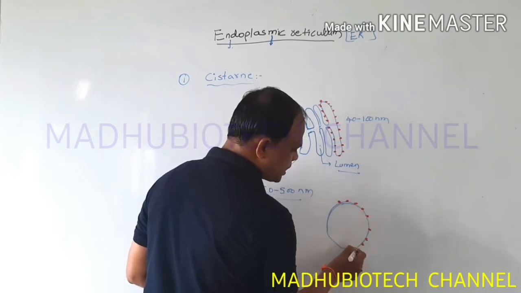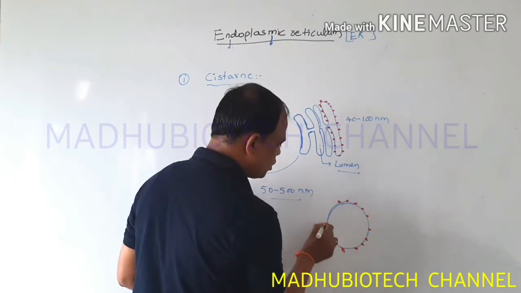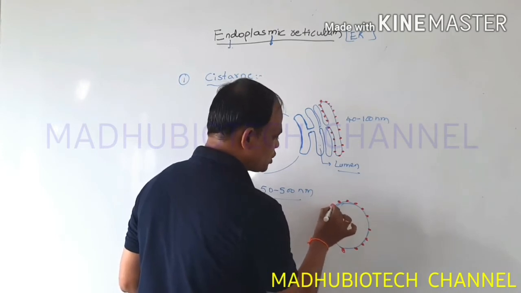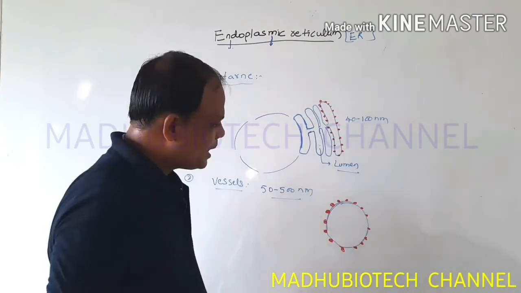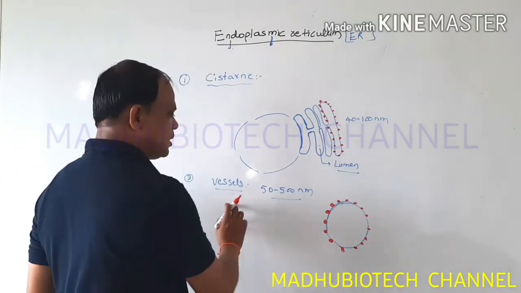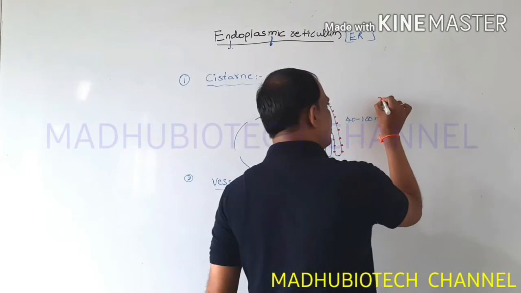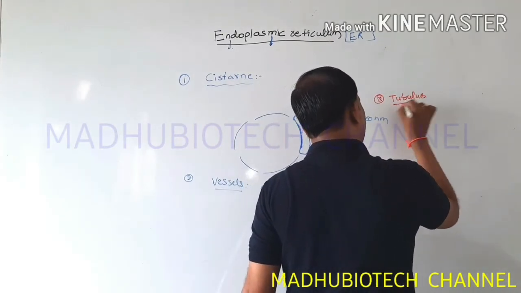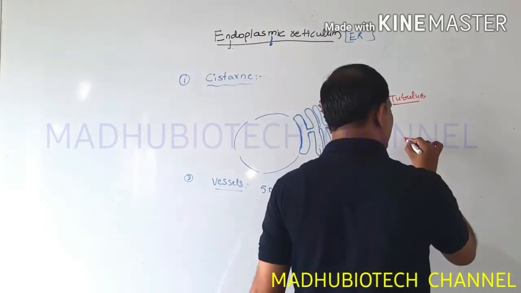These are unbranched, round, oval-shaped structures, also called vesicles. These vesicles are also close to the nuclear membrane, when the cisternae develop into these vesicles. These are the two parts, and the third part is the tubules. These are elongated and branch-like structures.